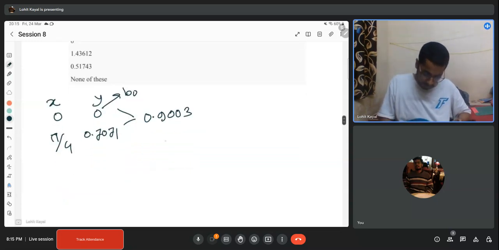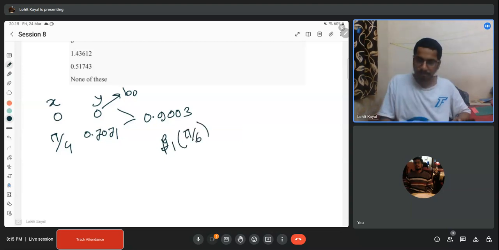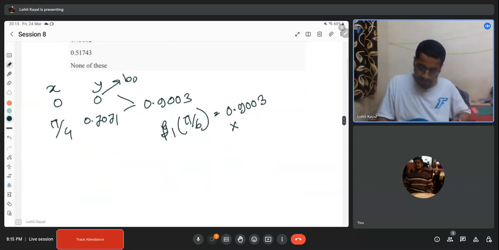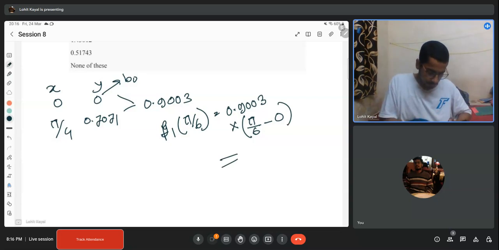So what is the solution of your y? f1 of pi by 6, the approximation of sine pi by 6, is equal to b0, which is 0, plus b1, 0.9003, multiplied by x minus x naught, that means pi by 6 minus 0. So it is 0.9003 into pi by 6. So it gives me the value of 0.4714.